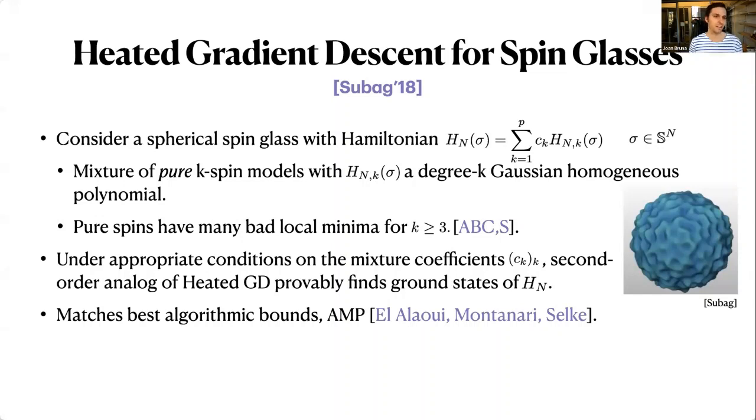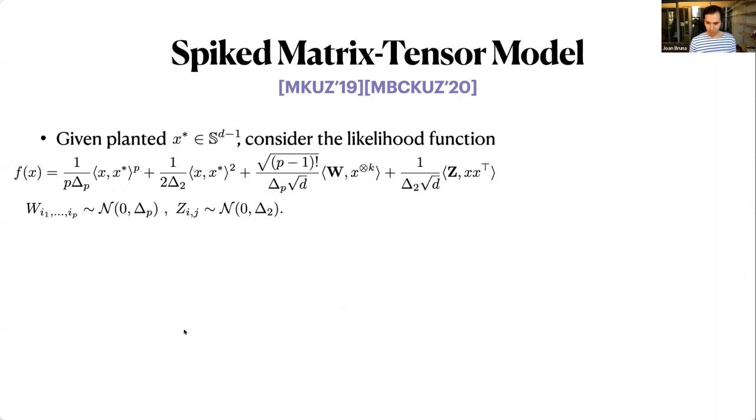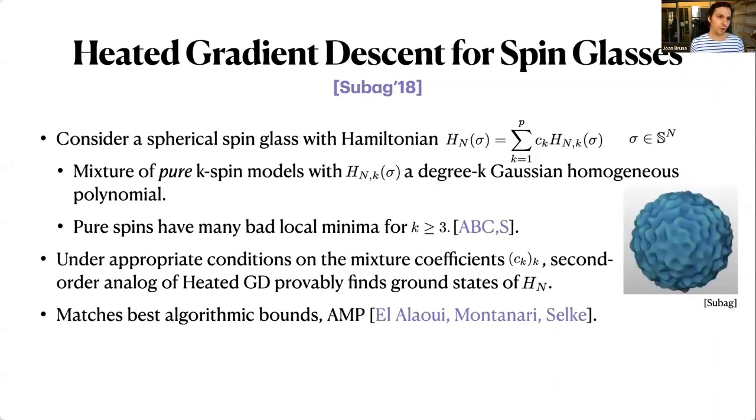Instead of smoothing the gradient, I smooth the Hessian and take the leading eigenvector. Then I actually succeed at finding the ground state of this problem, and in fact it matches the best algorithmic bound. These conditions are essentially the best we can have. This is also related to some works by Ahmed El Alaoui, Andrea, and Mark. So these are two serious problems where this framework of lifting the problem into the scale space gives you basically the best performance.